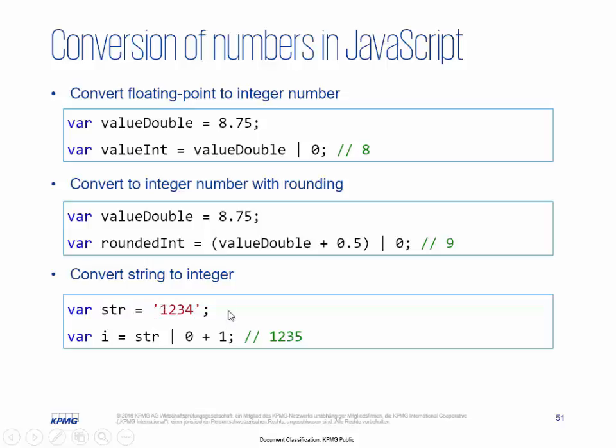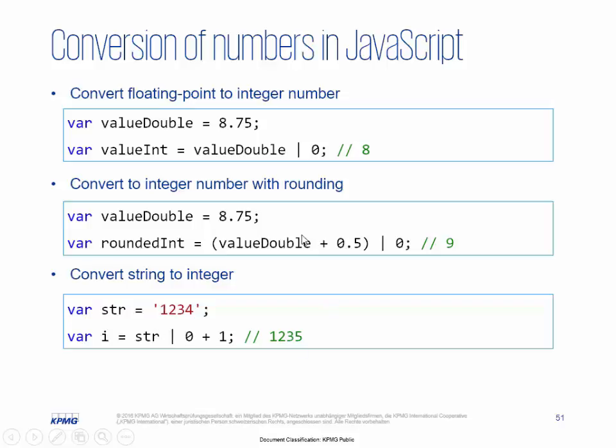So what we can see here is that we're taking a string and we're converting it into an integer. What happens here is, again, we're doing this trick of bitwise OR 0. This will take the number and convert it into a 32-bit number, and then it will add 1. So we have two things happening here, two actions.